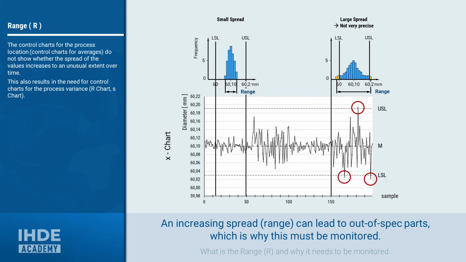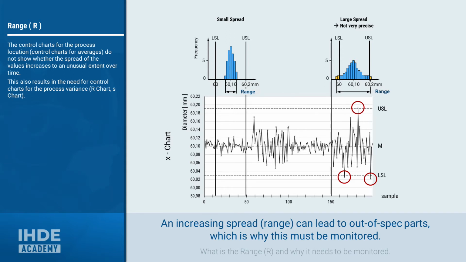The distributions just shown on the histograms are based on concrete individual measured values. These individual measured values are shown in this value curve of a control chart. It can also be clearly seen here how the values in the first range scatter only slightly around an average value and are far from the specification limits.